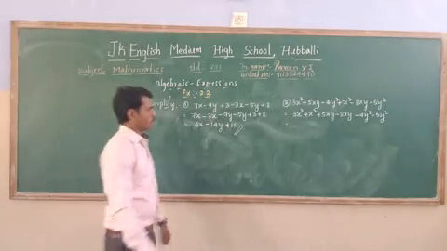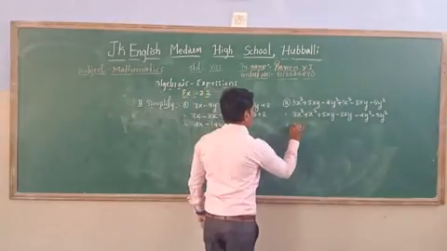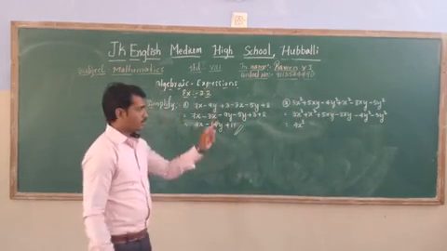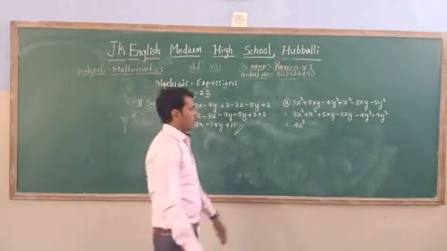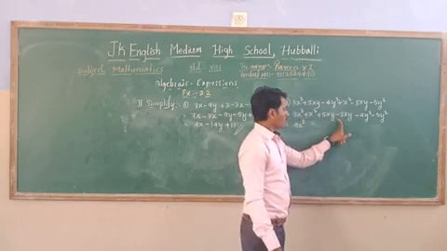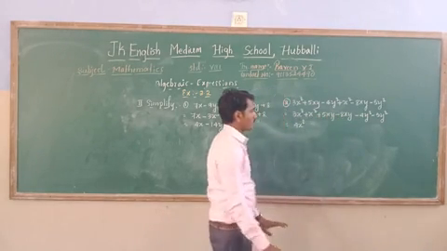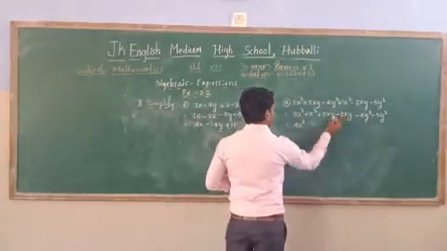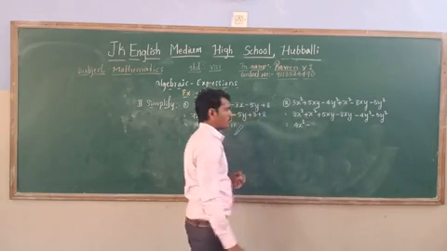Now, 3x squared plus x squared is nothing but 4x squared. Correct? 3 plus 1, 4. Here, plus and minus is there. Don't worry about that. Plus into minus also results in minus, but we have to check the bigger sign. The 8 has the bigger sign, so we have to put minus.